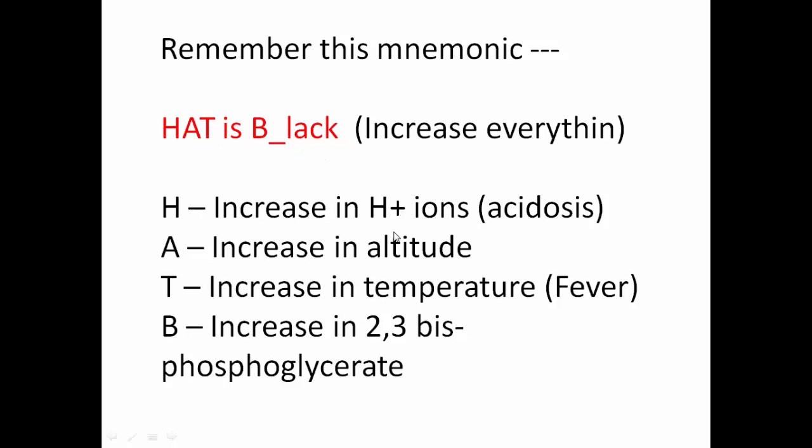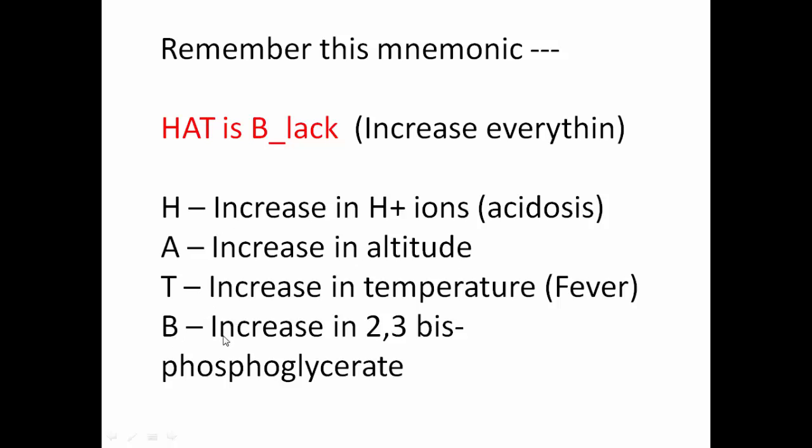H, increase in H positive ions, that is acidosis, will lead to right shift. A, increase in altitude, where you need more oxygen to be delivered to the tissues, that will also lead to right shift. T, increase in temperature, as I told you earlier, fever, because oxygen is needed by the tissues for inflammation, for the neutrophils to carry out oxygen dependent killing of pathogens.